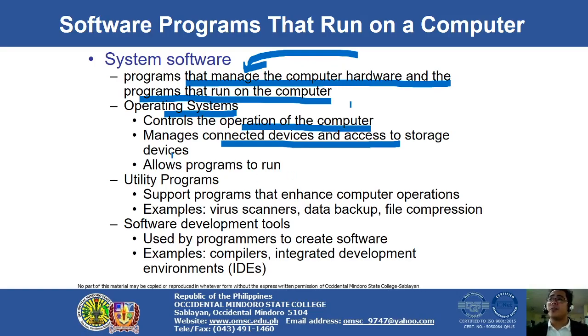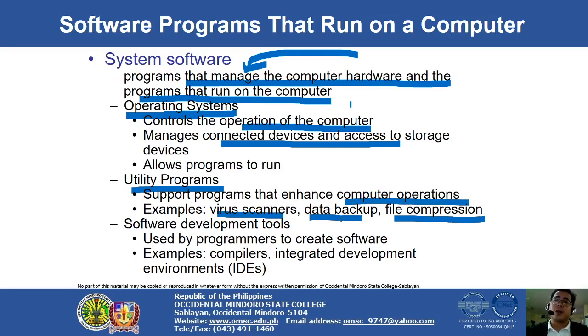So an example of the system software, we have the operating system, we have utility. Kapag sinabi natin utility programs, yun yung ginagamit natin for scanning viruses, data backup, or file compressions. So yun yung mga utility, meaning there is specific task for enhancement of the computer operations. So kapag nag-scan ka ng computer, utility program ang tawag natin doon.